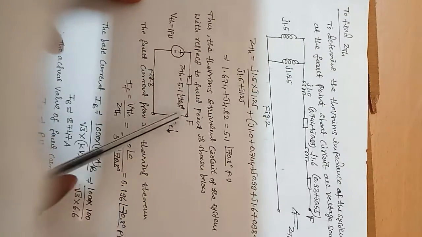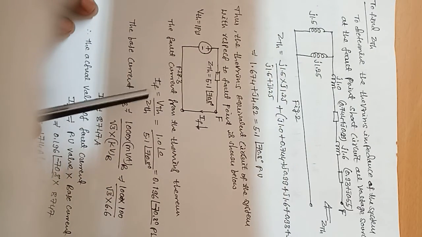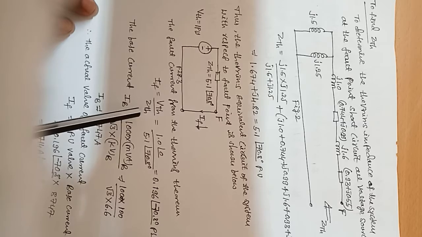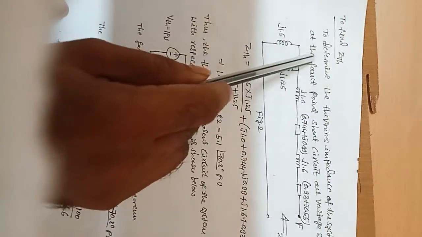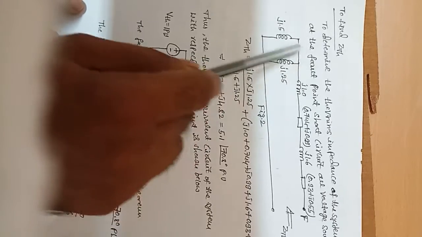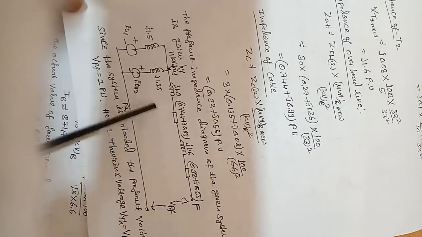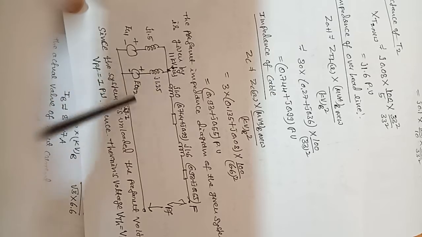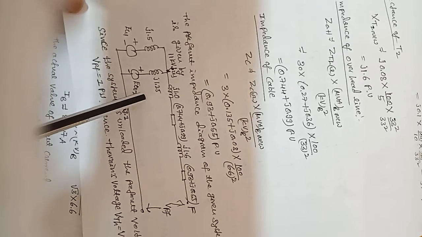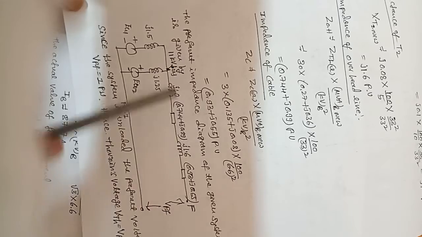So now see here, we are using the concept IF equals VTH by ZTH. Now you have VTH, Thevenin's voltage. Now I need to calculate ZTH. How to calculate ZTH? You remove all the voltage sources from the equivalent circuit. See here, this is the equivalent circuit of the impedance diagram, the pre-fault equivalent circuit. You remove all the voltage sources from this impedance diagram and, looking from the fault point, find the impedance.